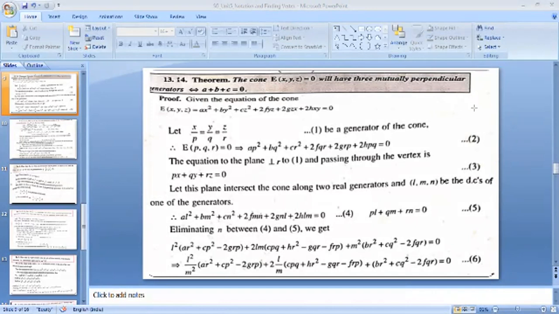Actually, I have to build up a cone containing three mutually perpendicular generators. So this is the generator.